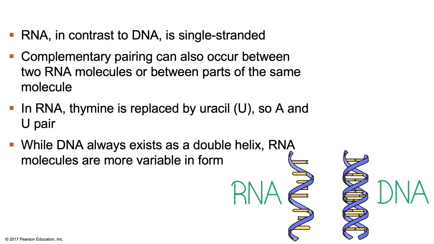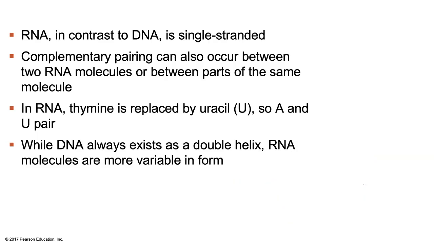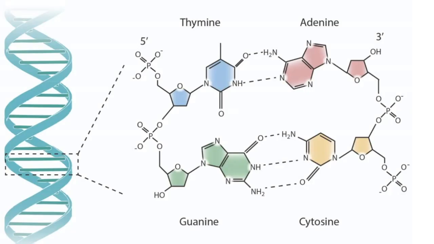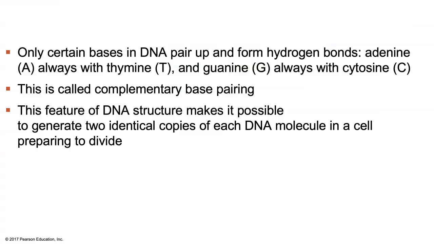The next difference is the type of nitrogenous bases that are used. We were introduced to 5 different ones. In DNA, A always binds with T and G always binds with C. And this is called complementary base pairing. Complementary pairing also occurs between RNA molecules.